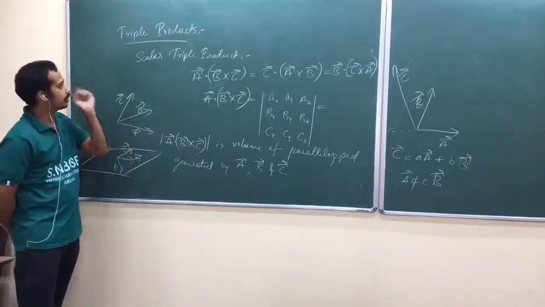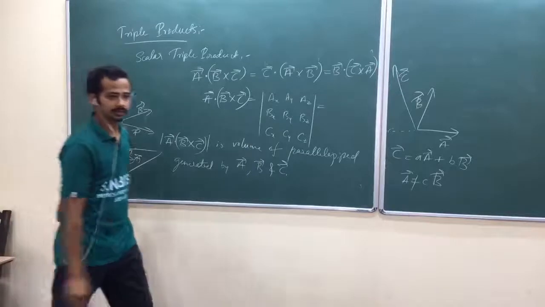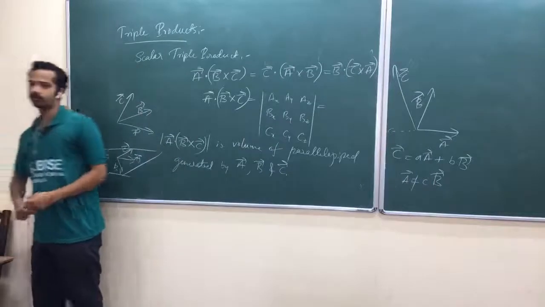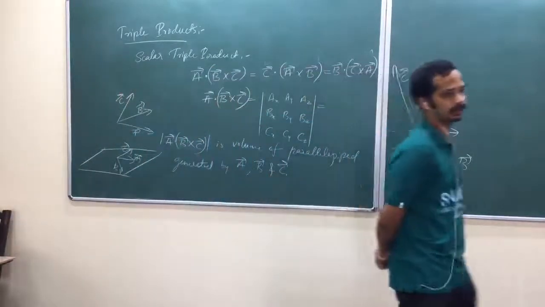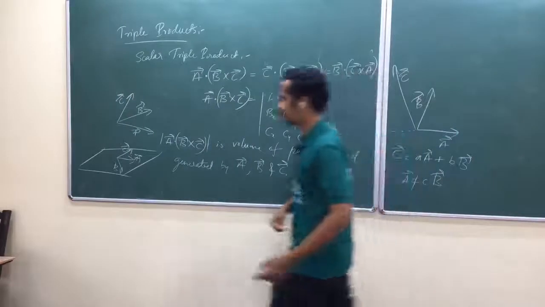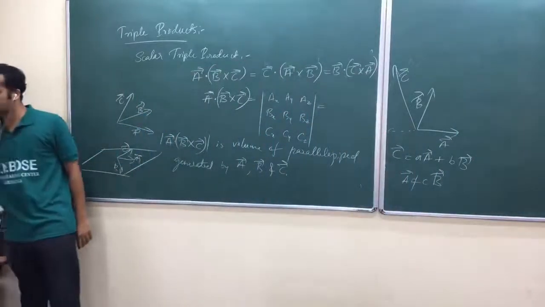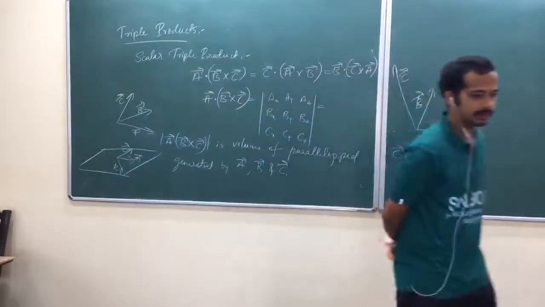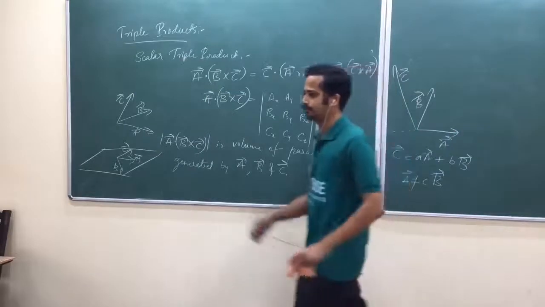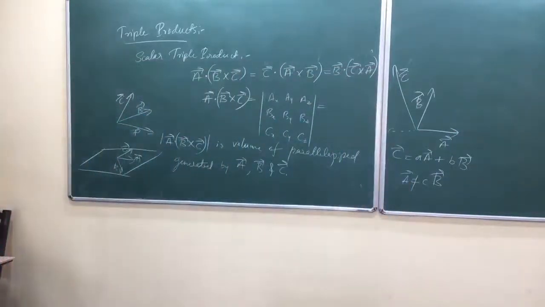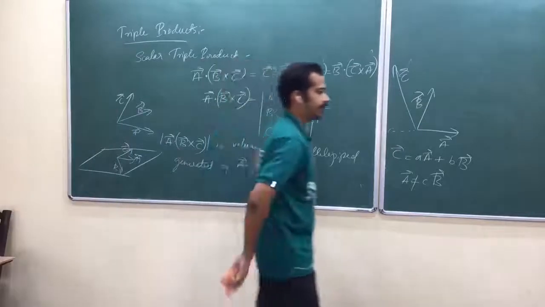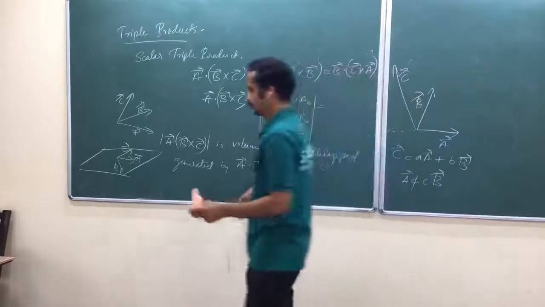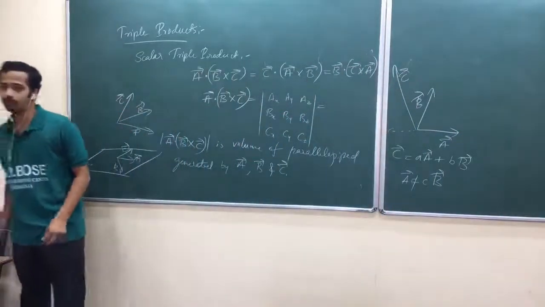Whenever you have a scalar triple product, you better write a sentence. Make it a sentence. If the scalar triple product A dot B cross C is 0, that means they are coplanar.